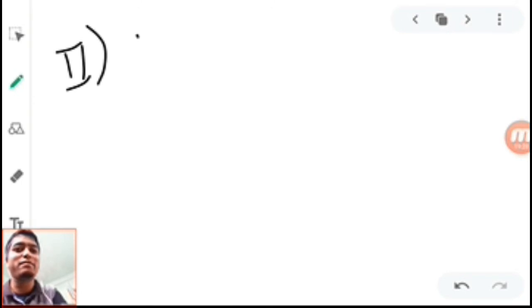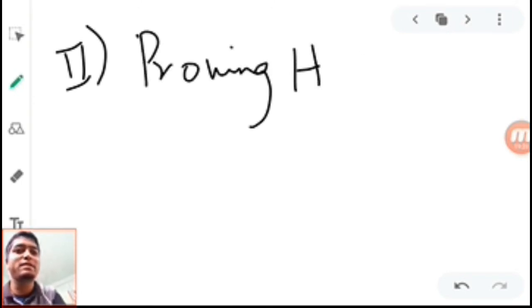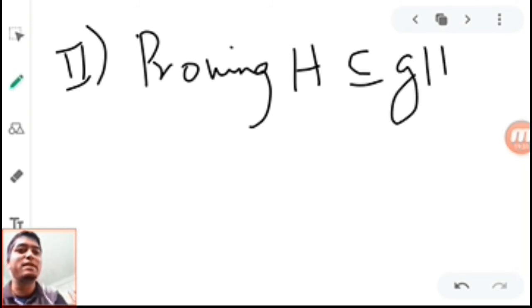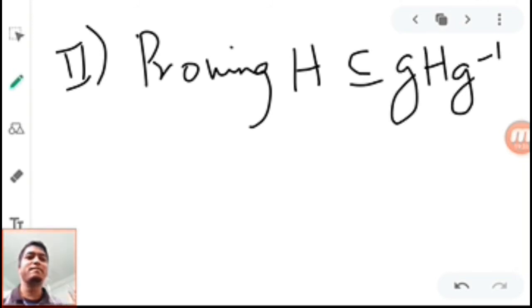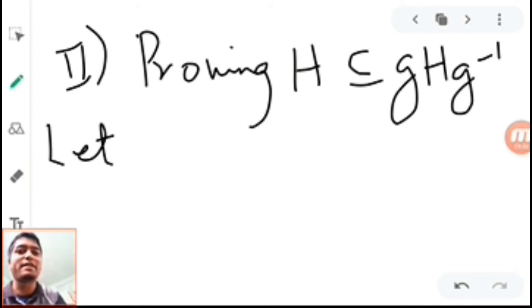Proving H is a subset of GHG inverse. How will we do it? We will write it this way. We can write it with X or with h, it doesn't matter.